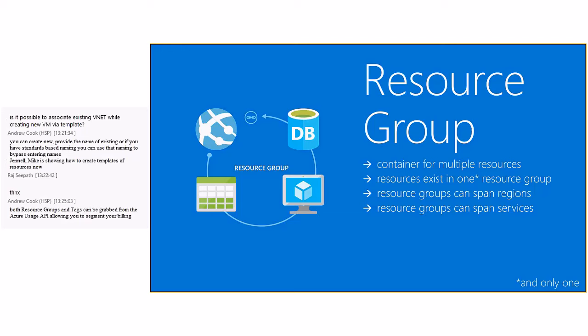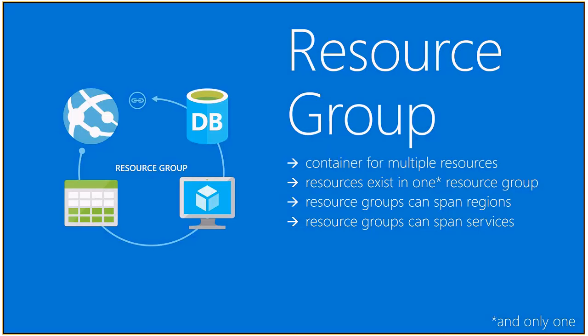However, if the different tiers of your 3-tier application share different life cycles, for example, your data tier you always want to keep, but your other tiers you can update, delete, or stop individually, then it makes sense to put them into multiple resource groups.